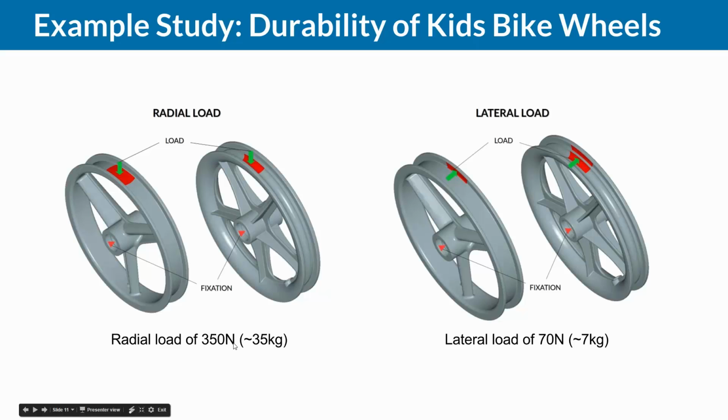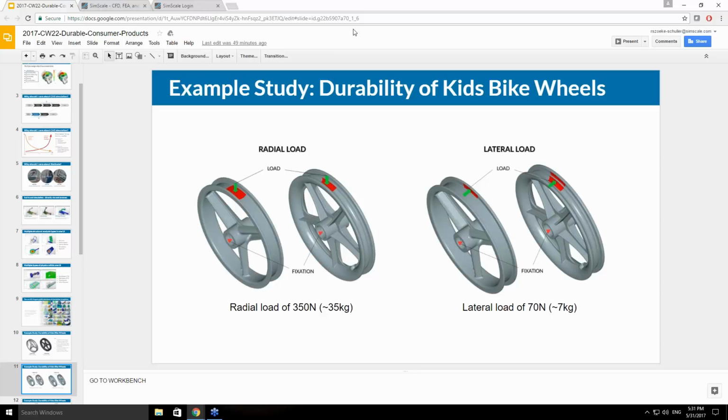So 35 kilograms makes sure that a kid of about, I don't know, 10 to 15 kilograms, on a very bumpy road, has about this maximum load here, and lateral load similarly, if you drive in circles. Okay, so now let's see how we can do this on SimScale.